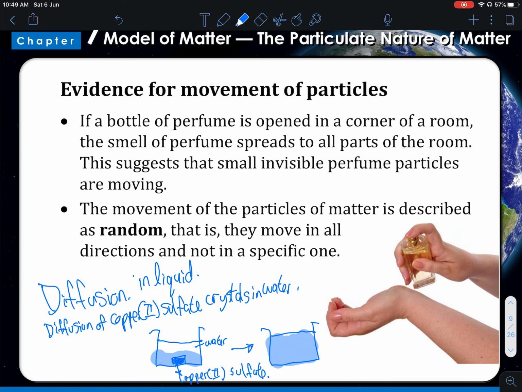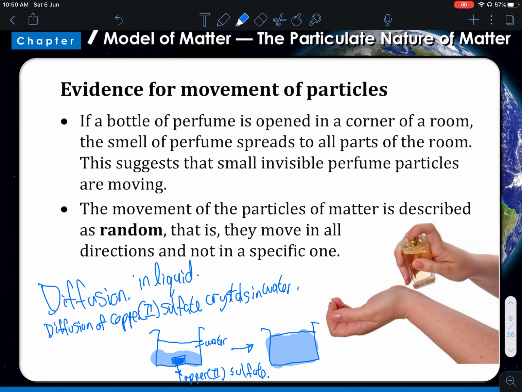Okay, where the highlighted blue color shows how the copper-2 sulfate crystals actually spread across or diffuse across the whole solution. So this shows that copper-2 sulfate crystals consist of very tiny discrete particles that have constant and random motion in water. Okay, so this is because after a period of time, these copper-2 sulfate crystals will start to diffuse, which can be observed by the spreading of the blue color in water.